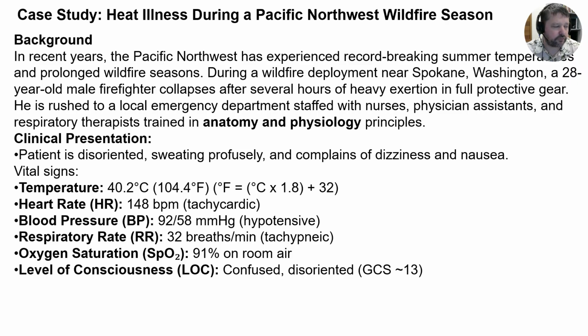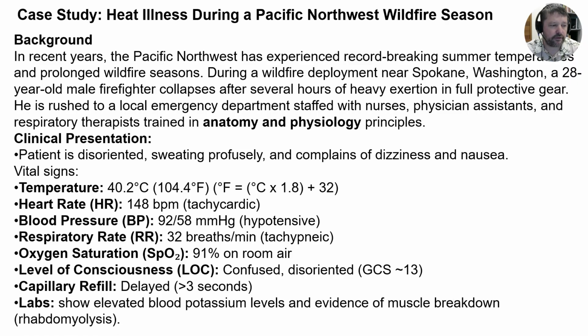He has a GCS of about 13. Capillary refill is delayed, greater than 3 seconds. And his labs show that he has elevated potassium levels, and there's evidence of muscle breakdown through rhabdomyolysis. Okay. So how does this pertain to the general themes of anatomy and physiology?